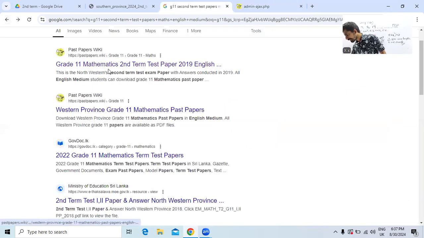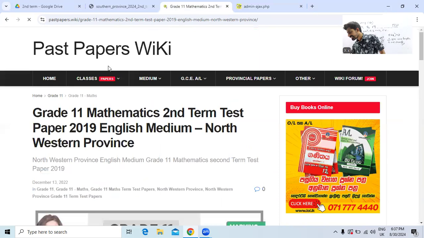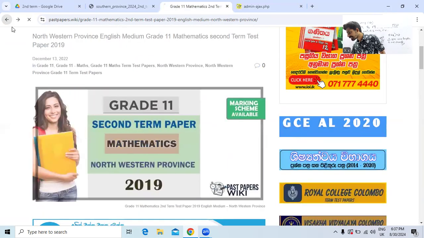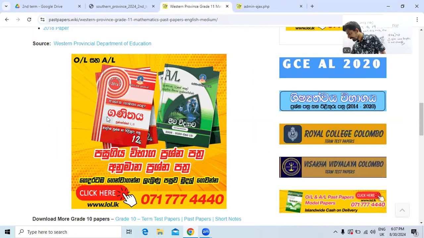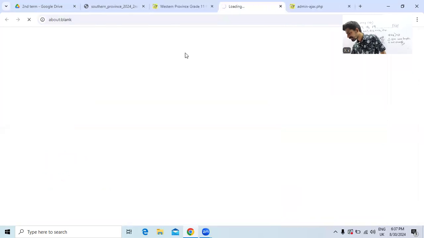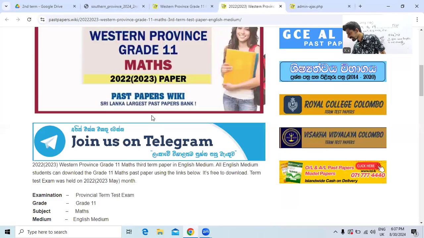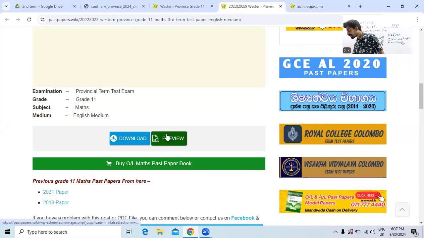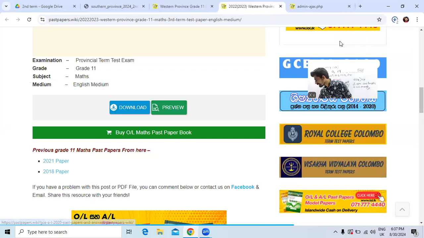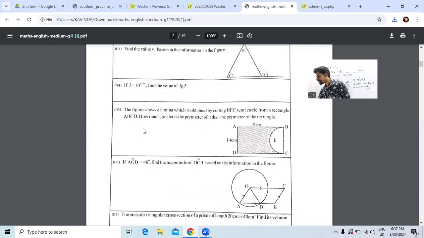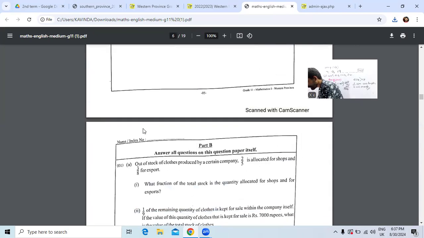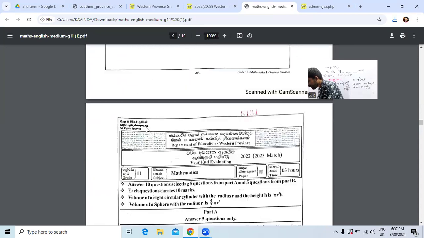Let's continue with a Western Province paper: the Grade 11 second term test paper, Western Province 2022, 2023. Let's try to do this one.